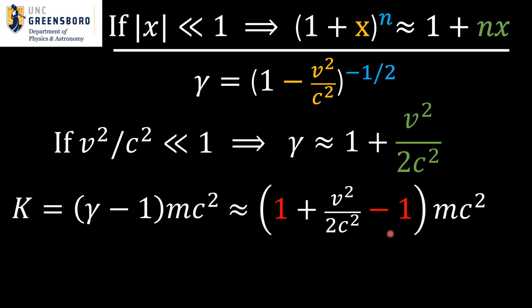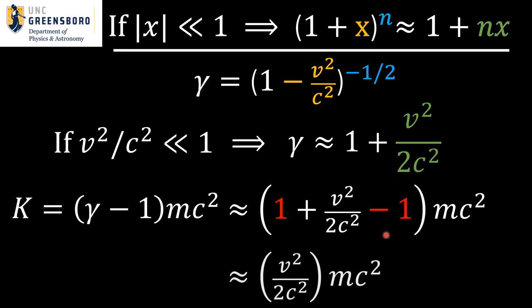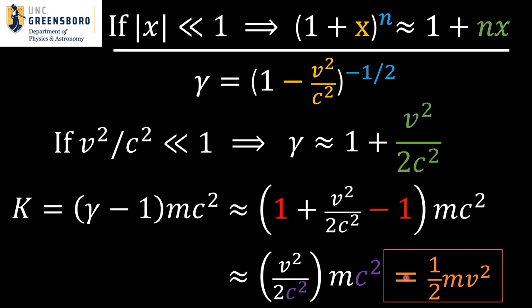When we add those together, those are going to cancel. We're just going to be left with this term here. And notice these c squareds are going to cancel. And so consequently, we just get the classical form for the kinetic energy, just 1/2 mv squared.